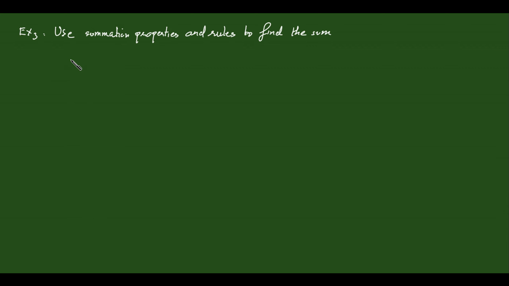The question is given like this: I have sigma notation from 1 to 14 of 2i squared minus 3. This is a sigma of a difference, so if you use the property, you can split it up into the difference of each sigma, minus the sum from 1 to 14 of 3.